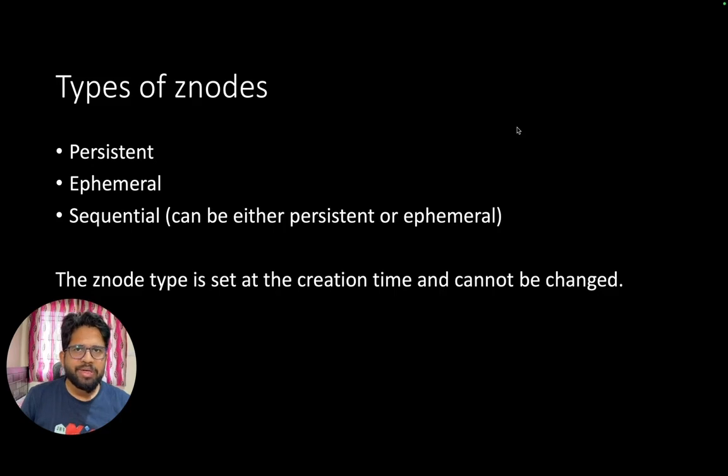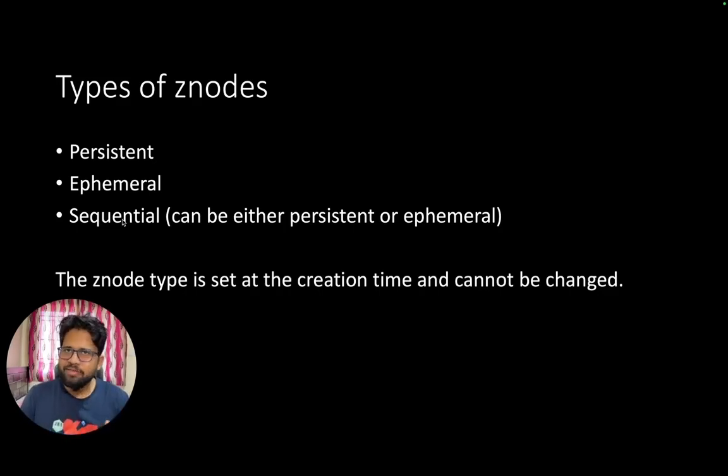Now let's talk about types of znode. There are 3 types of znode, in fact 4 types. One is persistent, the other is ephemeral. These are the 2 categories. And then there is another category of sequential and non-sequential. So overall, you can have persistent sequential, persistent non-sequential, ephemeral sequential, and ephemeral non-sequential.